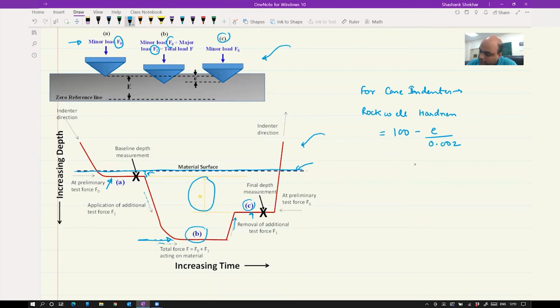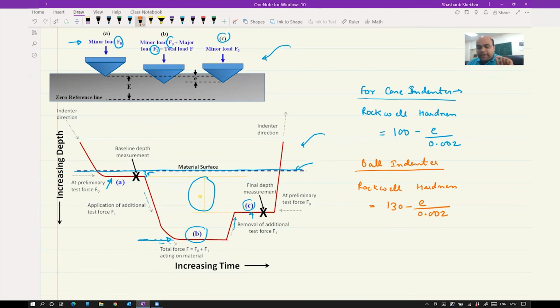If we are using a ball indenter, the Rockwell hardness will be 130 minus E divided by 0.002.